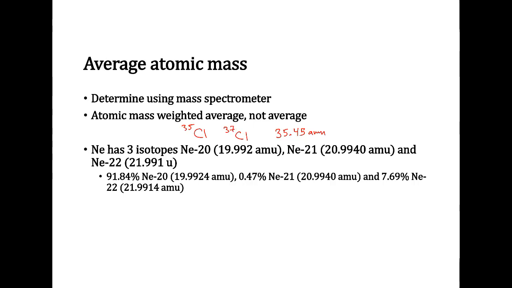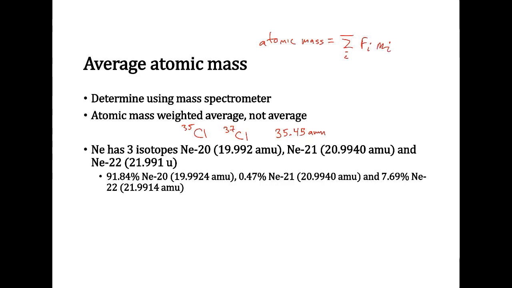The way that we find these weighted averages is we're going to take the sum, so for our atomic mass, we'll take the sum of f sub i times m sub i.